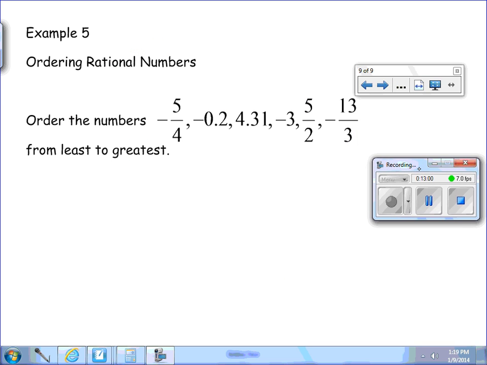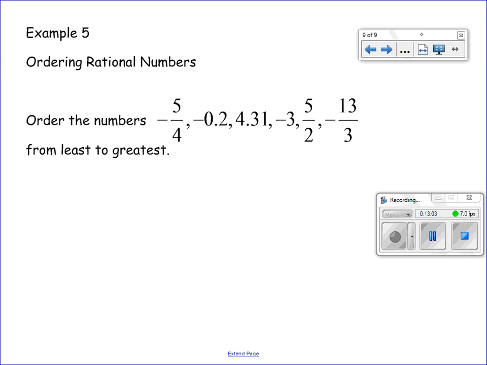Ordering rational numbers. We're asked to order these numbers from least to greatest. So we're going to put them all in decimal form, but there are a couple of steps we'll have to do before that. We are going to change the improper fractions to mixed numbers. -1 and 1/4 will be the same as -1.25.